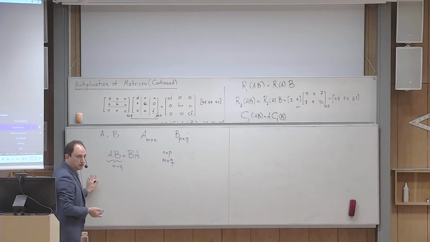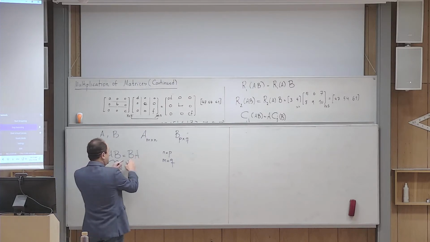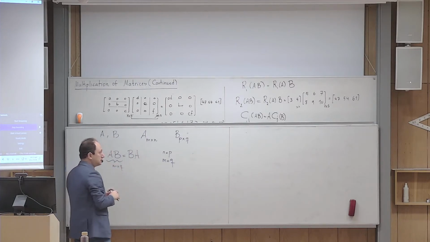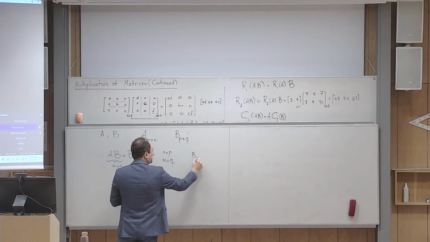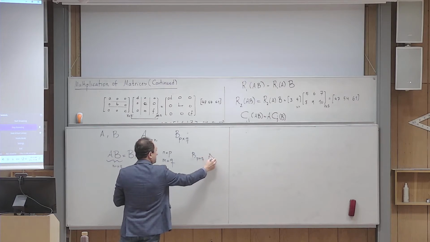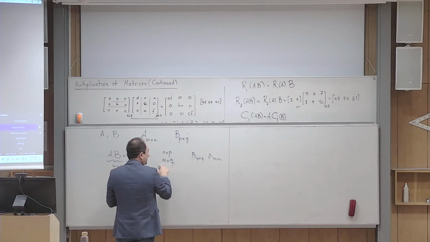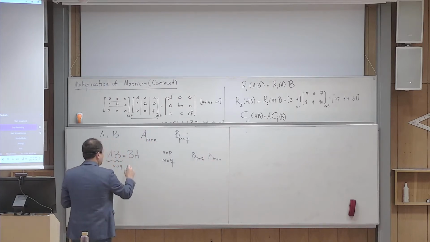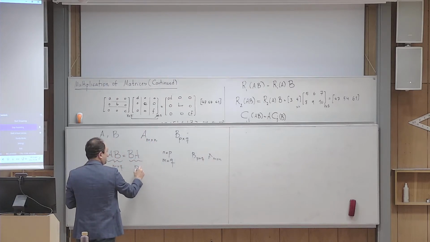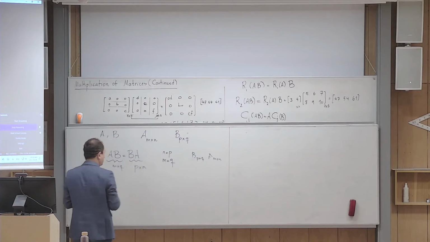And then what will be the order of BA at the end? If you put B on the left and A on the right, the order will be p by n.